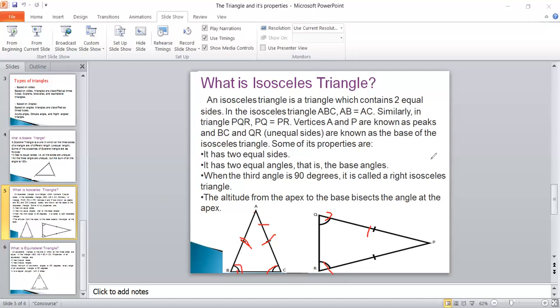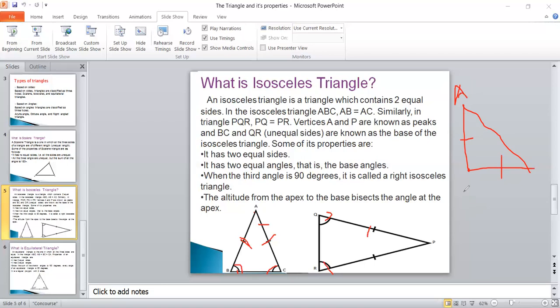Okay, so whenever one angle is 90°, I am making a figure here. It is an isosceles triangle, but here one angle will be 90°. Suppose this is a triangle ABC.